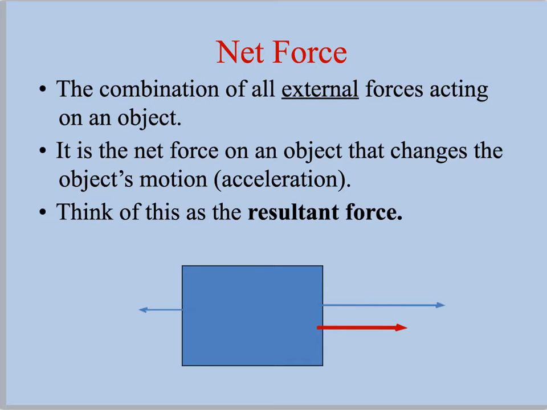Let's take this box, for example. If I were to apply a force to this box, let's just say it was 10 newtons of force, and the friction that I'm pushing against is 7 newtons.